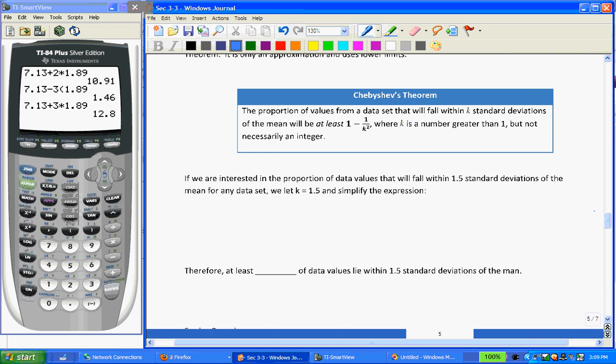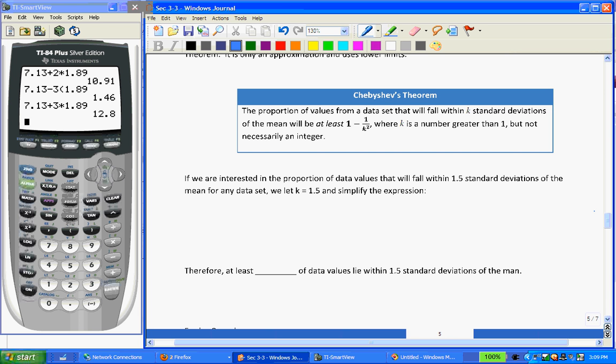So just like before, we were stating so much data fell within 1 standard deviation of the mean, and so on and so forth. This is kind of saying the same thing, but it's a little looser. The limits aren't as strict, but it's allowing for that, and this can be used with any data set, whether it's bell-shaped, whether it's skewed to the left or skewed to the right. So that's why the limits are lower.